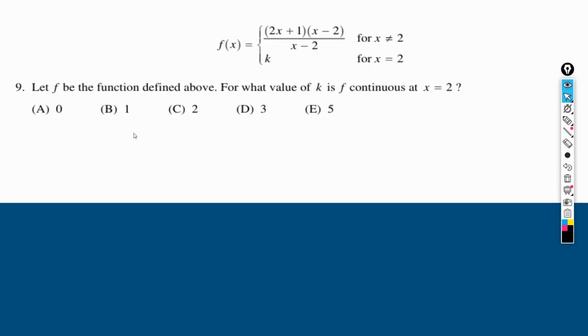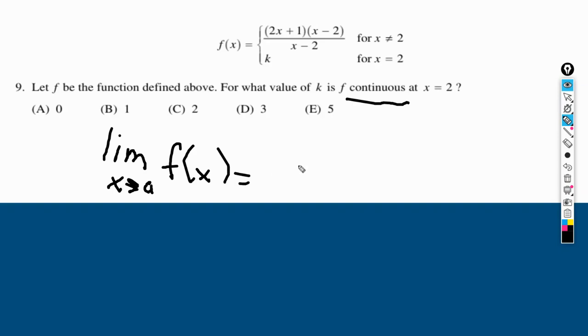Let f be the function defined above. For which value of k is f continuous at x equals 2? So for a function to be continuous, this condition must be met. The limit as x to a of f of x has to equal f of a.